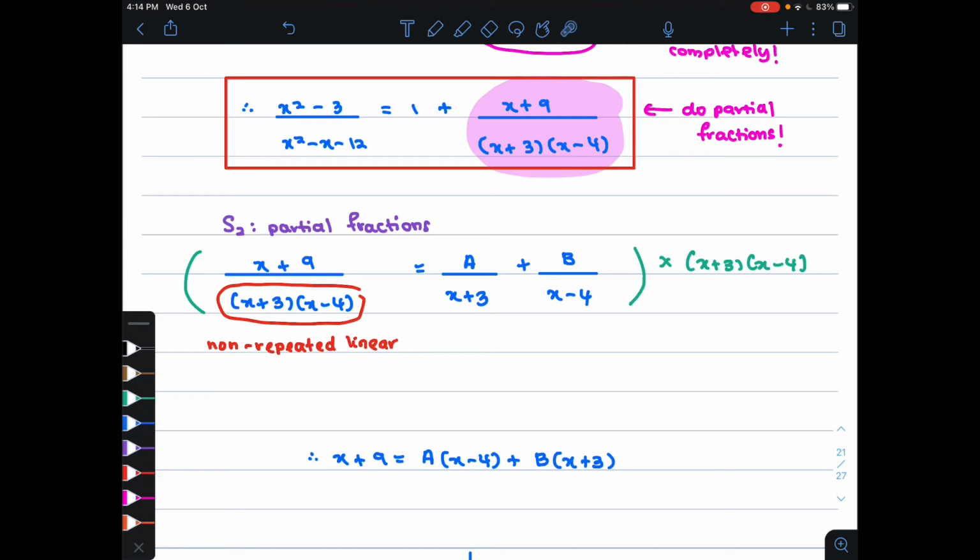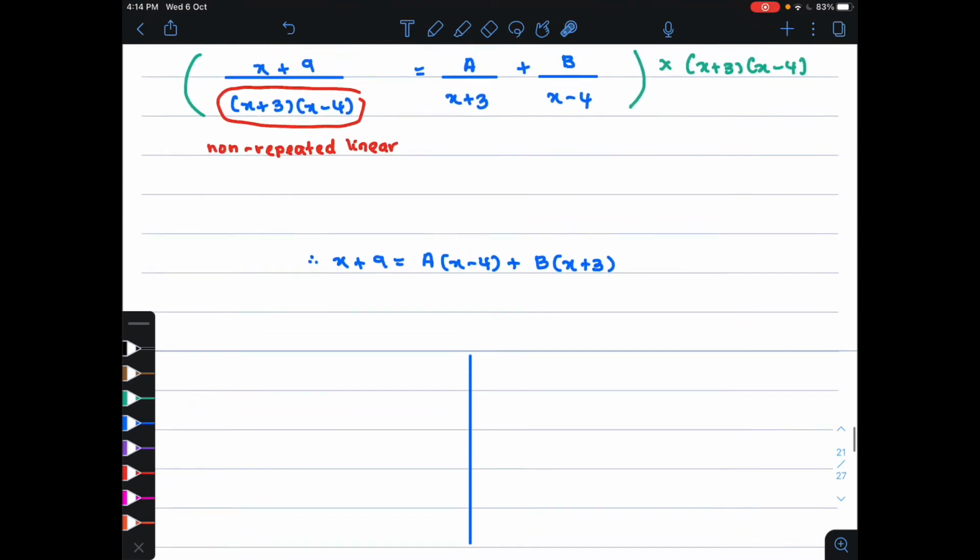And we will get this equation. Note that we have two unknowns, A and B. Therefore, we need two values of x. And you need to use the values of x that come from the denominator. That is compulsory.